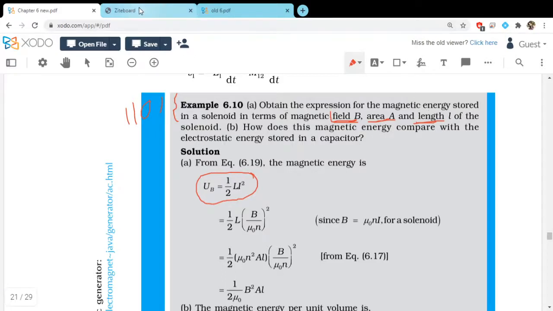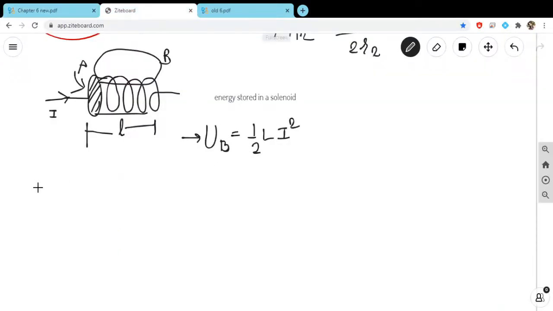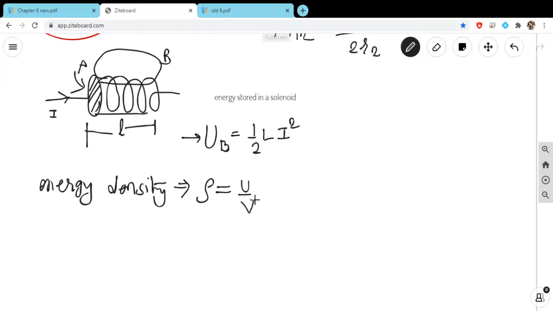Okay, and that is called the energy density. So in the chapter of capacitor, the second chapter, we just discussed energy density. Do you remember? Energy density. Okay, and in that equation we have seen that energy density rho, that means energy of the capacitor by the volume of the capacitor.